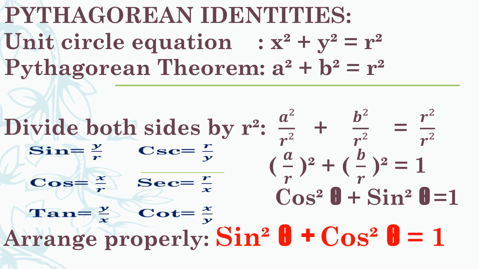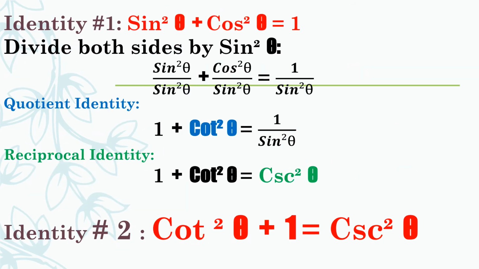You can arrange this as sine squared theta plus cosine squared theta is equal to 1. Alright, let's find out what is the Pythagorean identity number 2. To find identity number 2, we are going to use identity number 1, which is sine squared theta plus cosine squared theta is equal to 1.